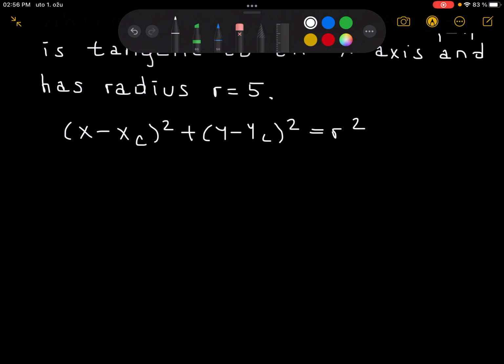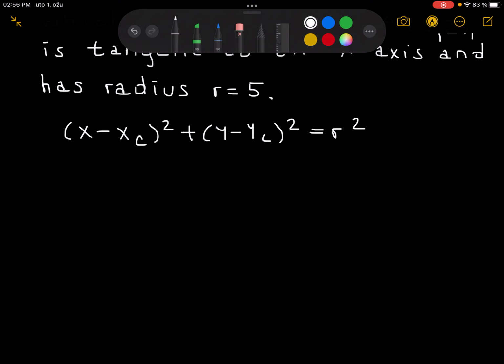So xc and yc are actually the x and y coordinates of the center of that circle, and r is its radius. And x and y are the respective coordinates of any point on the circle which belongs to the circle.